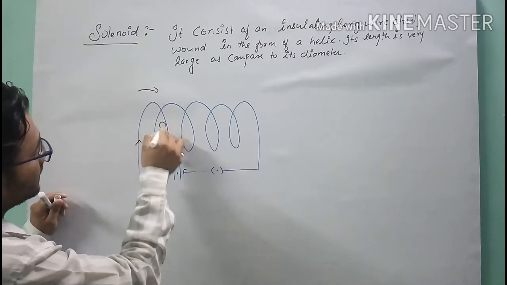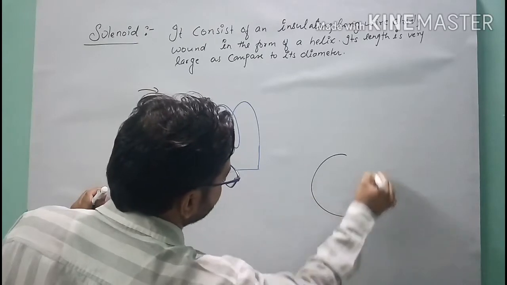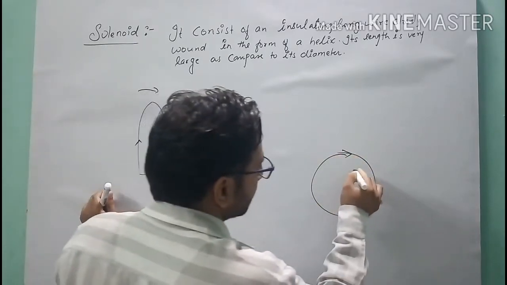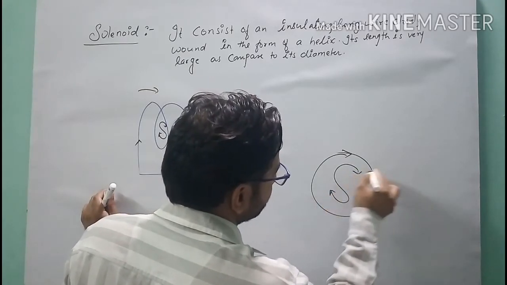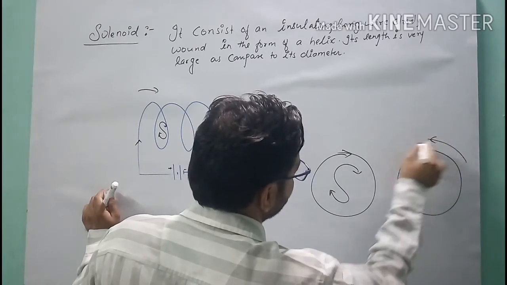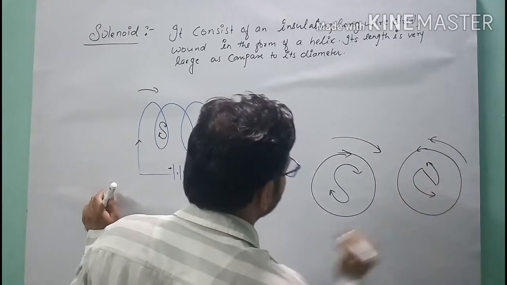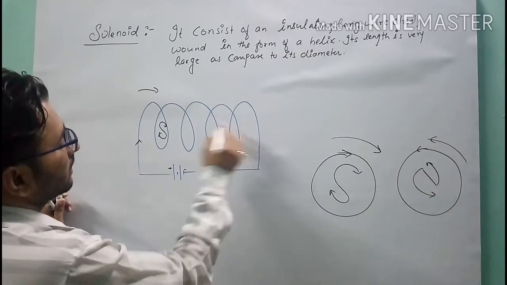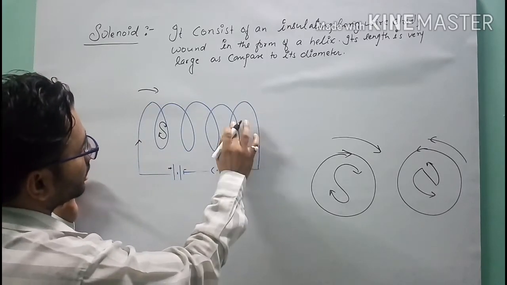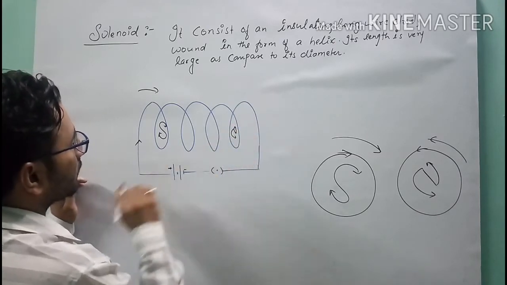Then you can see the south pole will form here, as we know that if the current flows in a circular coil clockwise, a south pole forms, and if the current flows anti-clockwise, a north pole forms. In the same manner, here the south pole will form, and on the opposite side of this coil we will see the north pole. Clear?